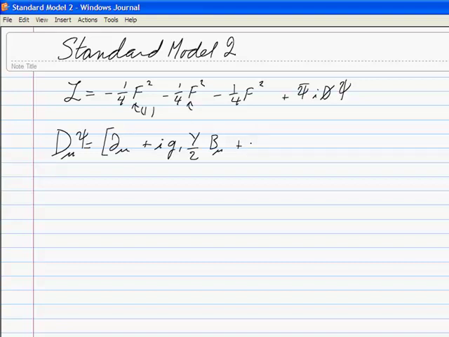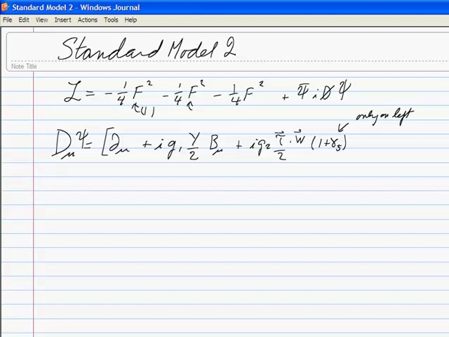Plus, if it's a doublet, it has the i g2 tau dot W over 2, and for fermions there's always a 1 plus gamma 5 there, because it's only on the left-handed ones.